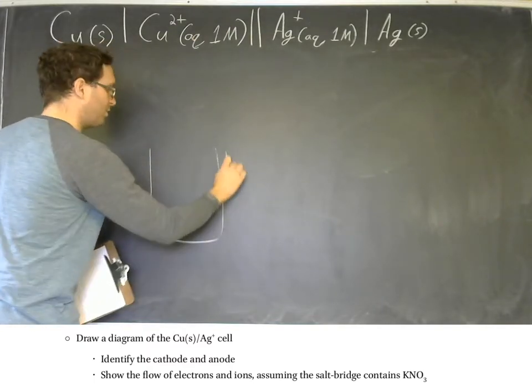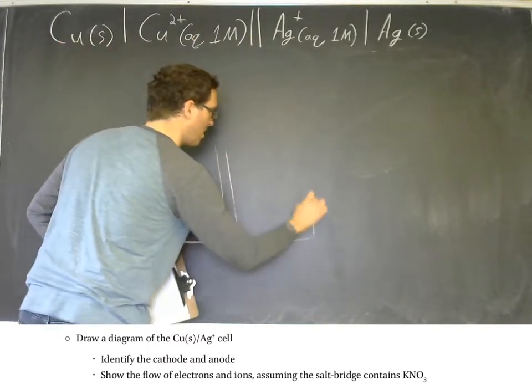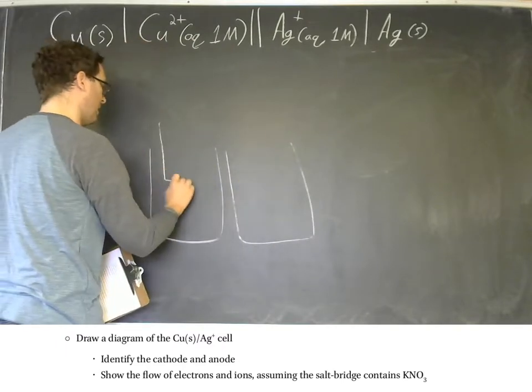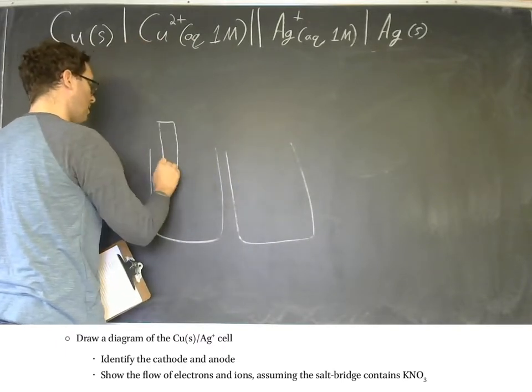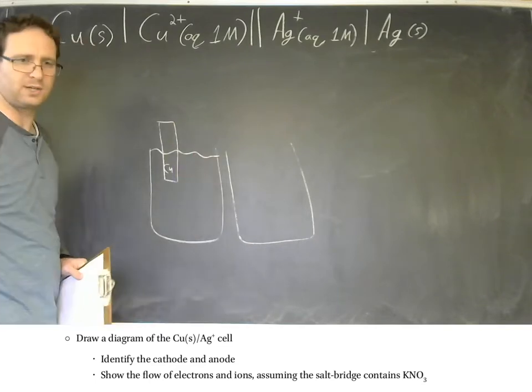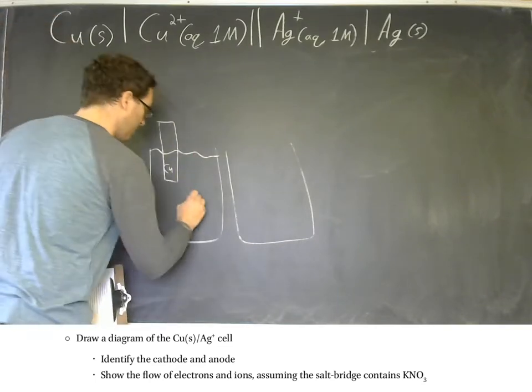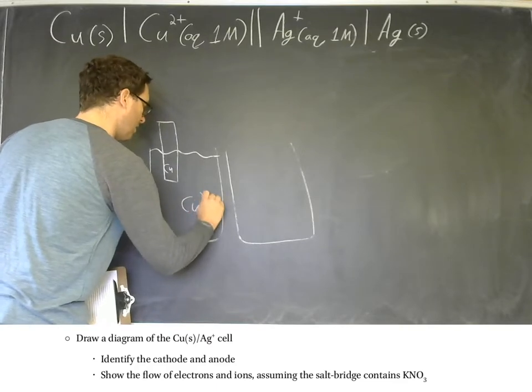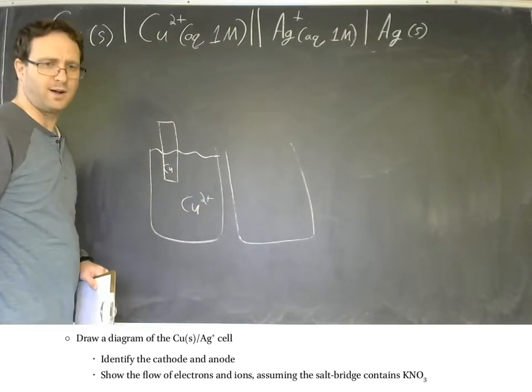I'm going to draw 2 beakers. This is the anode that contains a block of solid copper metal and a solution of copper 2 plus ions.